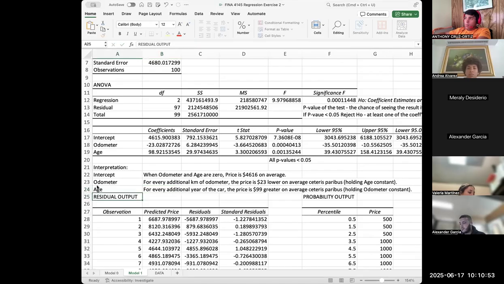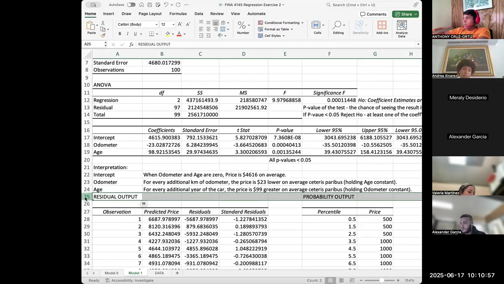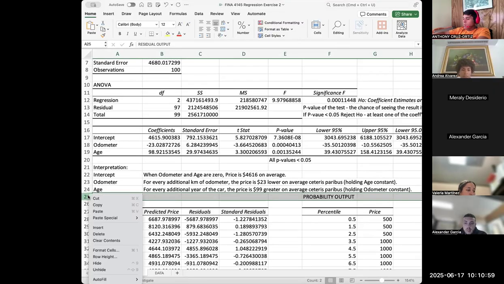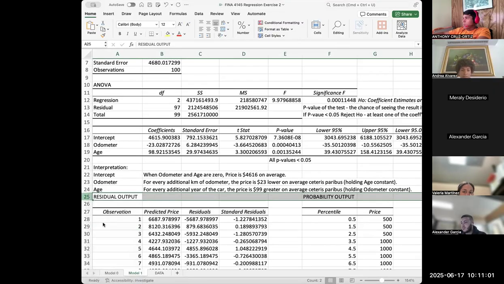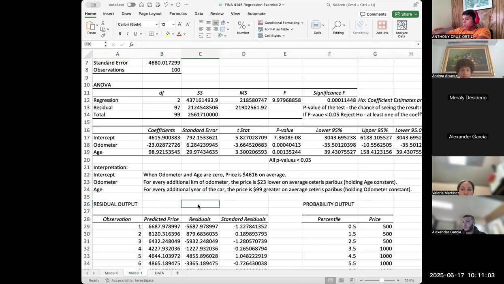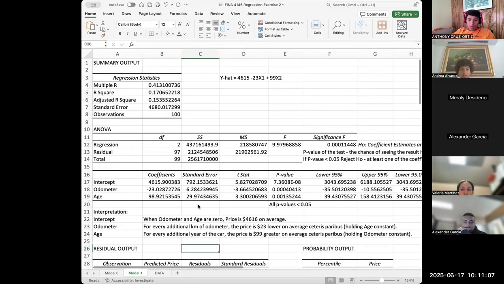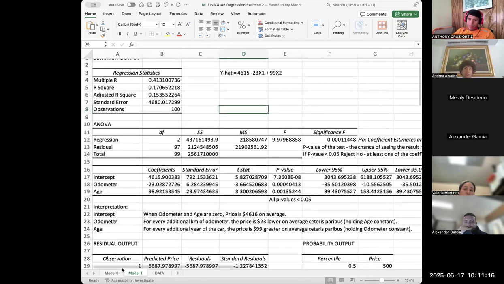All right, any questions so far? So you guys have done this with me. We're going to do one more before we go, and that is going to be the age square. Let's do age square. Go back to the original here.